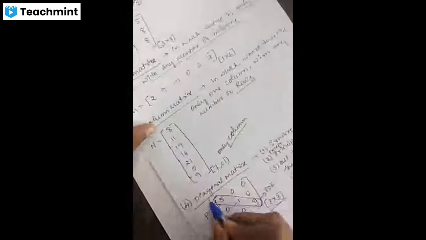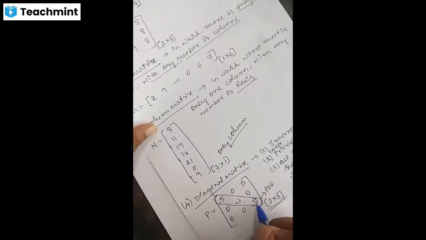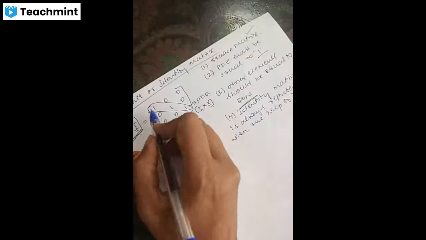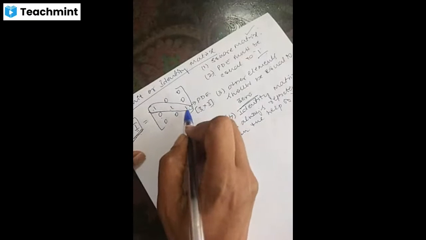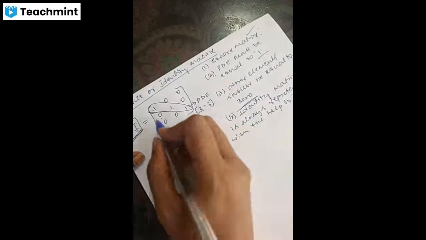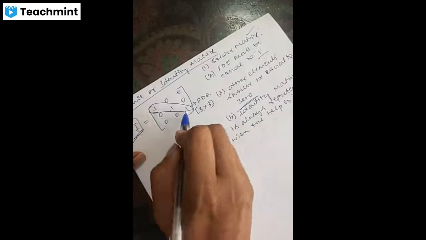Here in the previous example, diagonal elements can be any number. If you wanted to say it as a unit matrix or the identity matrix, the principal diagonal elements must be equal to 1 only. It should not be any other number, right? It should be equal to 1 only.